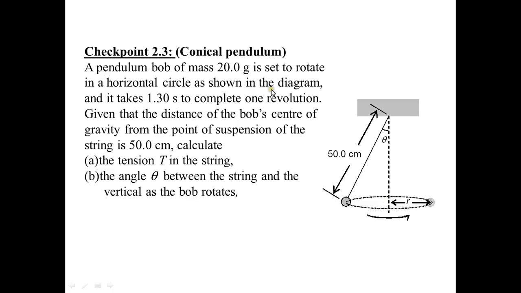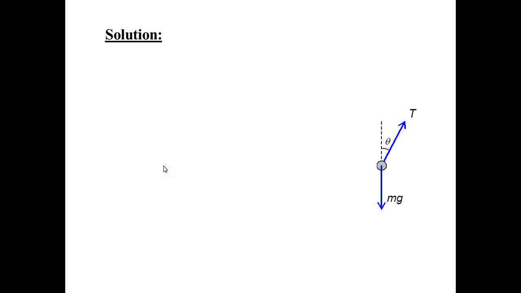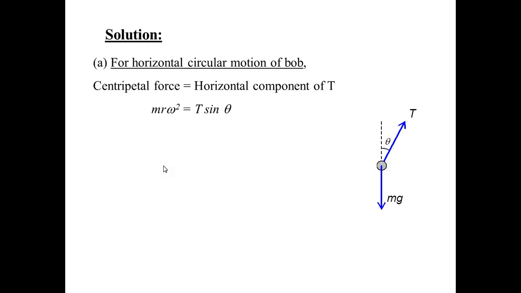Let's take a look at the information given. You are given the mass, the periodic time, and the length of the string, and you're asked to find the tension T. If you do not know how to solve this problem, start with a free body diagram. The free body diagram for the pendulum will be that of a tension T and the weight mg.